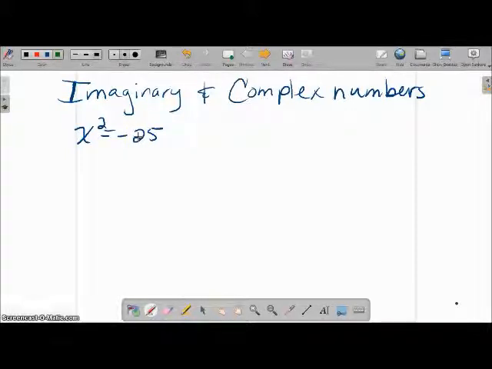There are equations that mean something, like parabolas that maybe don't have zeros that cross the x-axis, but they're still important phenomena. So mathematicians said, hey, we need to come up with some kind of number system that's going to account for these irregular situations. So they came up with these complex numbers.